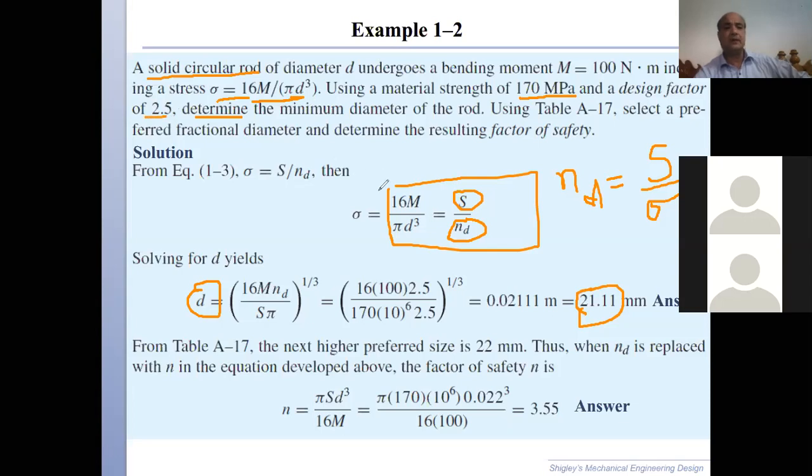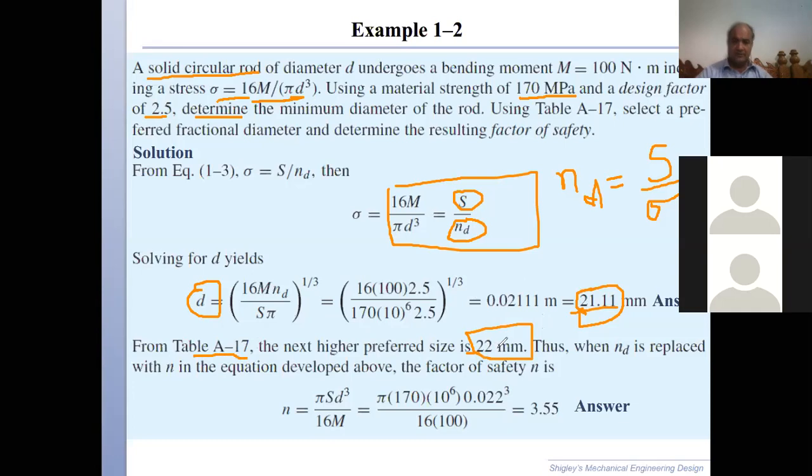Now, when we look at standard sizes, we do not have 21.11. So what do we do? We go for the next higher size, because we already stated that in order to reduce the cost, you have to use standard sizes.